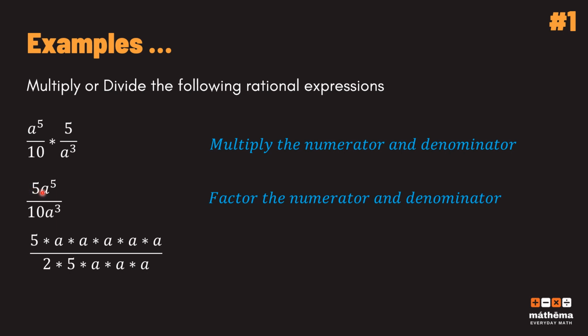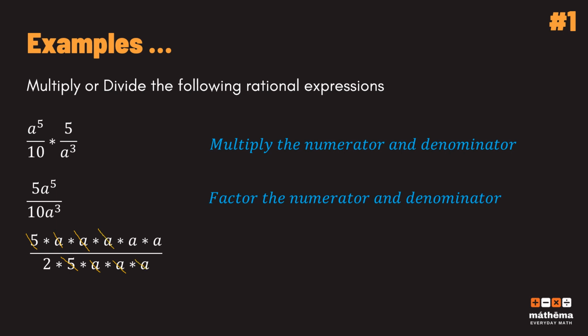5a to the fifth power can be written as 5 times a times a times a times a times a, while 10a cubed can be written as 2 times 5 times a times a times a. Now, if we look at our numerator and denominator, we can find common factors. We have 5, so we cancel out 5. We have a and a, another a and another a, and another a and a.